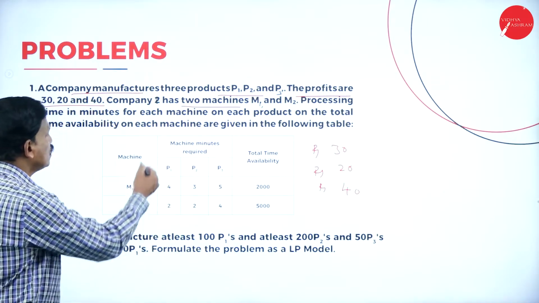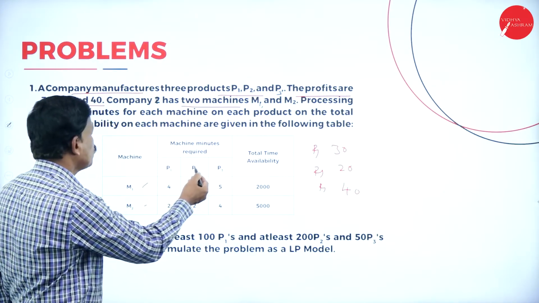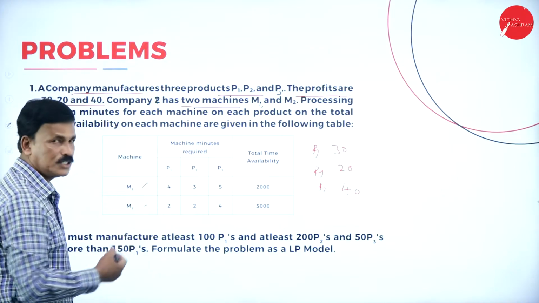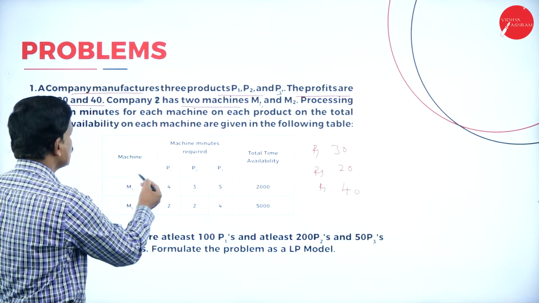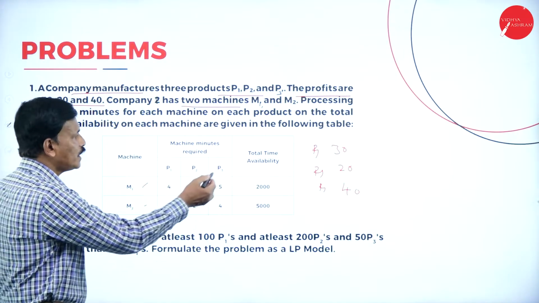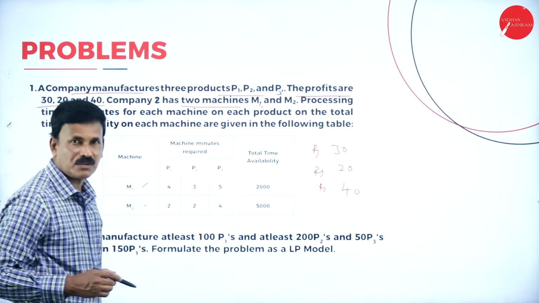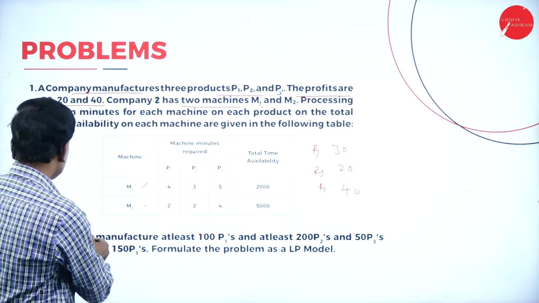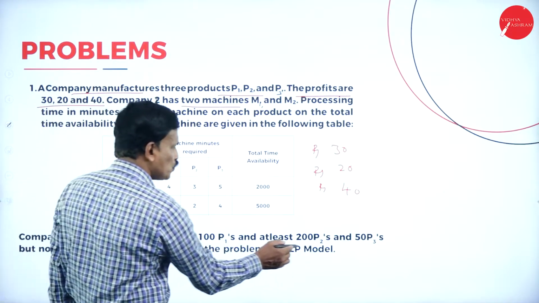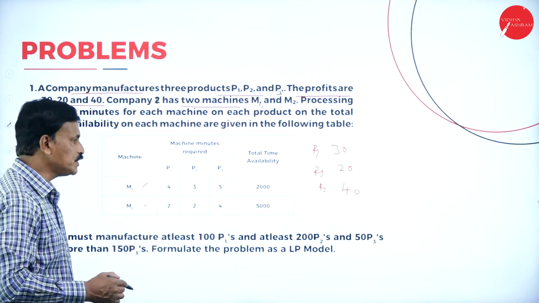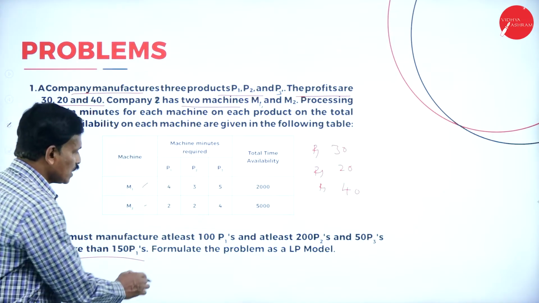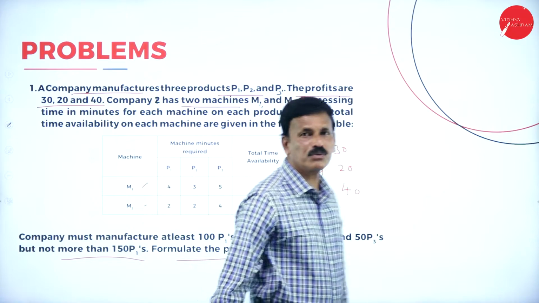The company must manufacture at least 100 P1 and at least 200 P2s and 50 P3s, but not more than 150 P1s. Then formulate the problem as a linear programming problem.